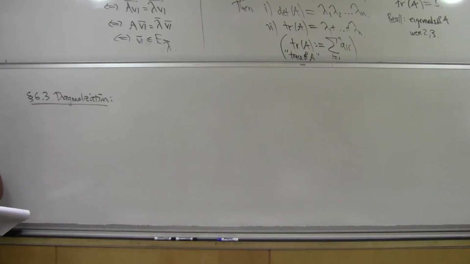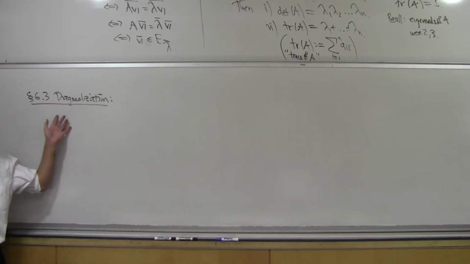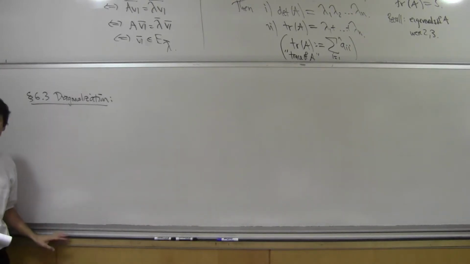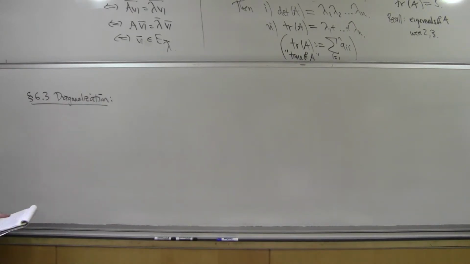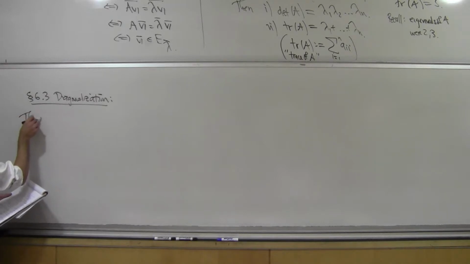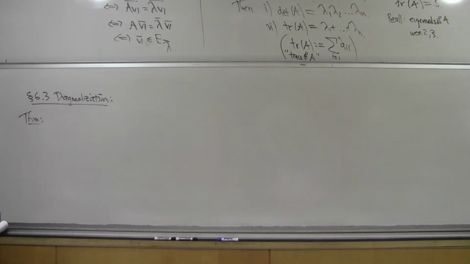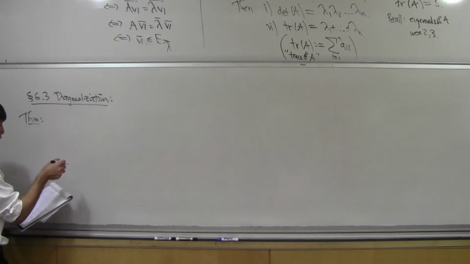Okay, so diagonalization. Basically, we're going to try and find a way to make our matrices diagonal. Let's start off with the following observation.